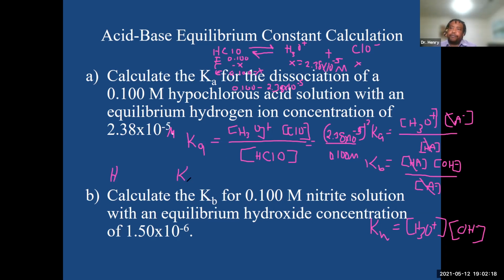So then Ka is going to equal 5.66 times 10 to the minus 9.